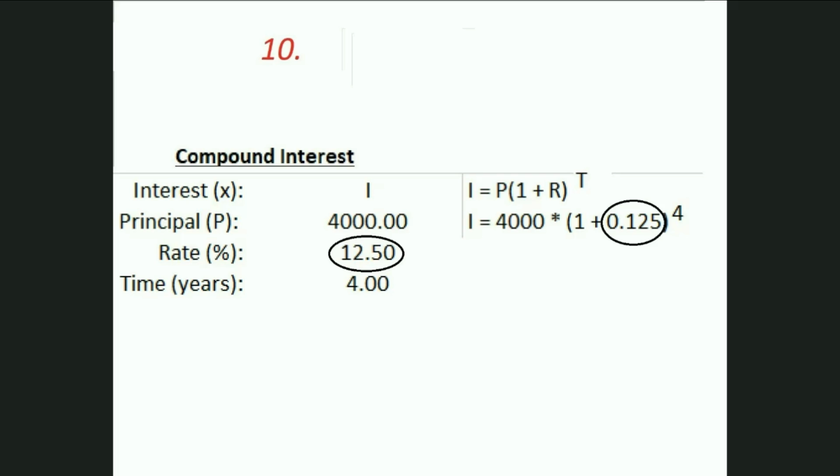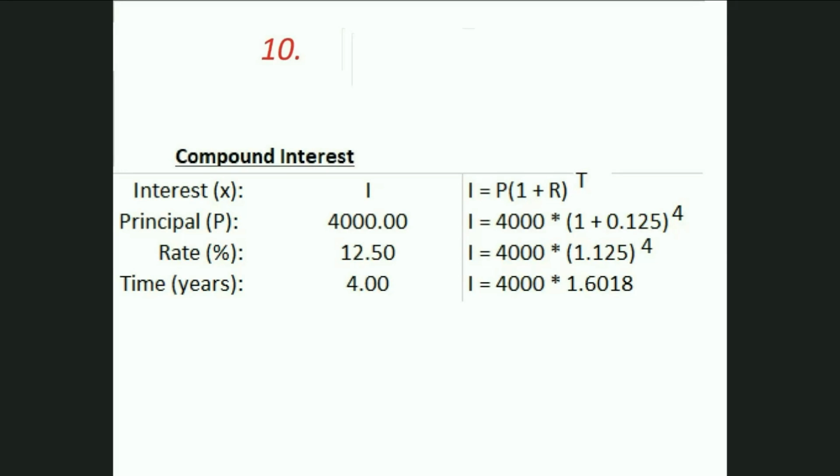And remember, I'm using 0.125 because that's 12.5% converted to a decimal. When we go on to our next step, it's 4,000 times 1.125 raised to the fourth, 4,000 times 1.6018, and your interest is $6,407.23. Remember, we can only round to the hundredths place right here.